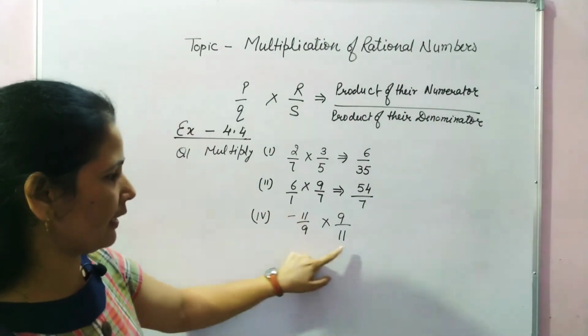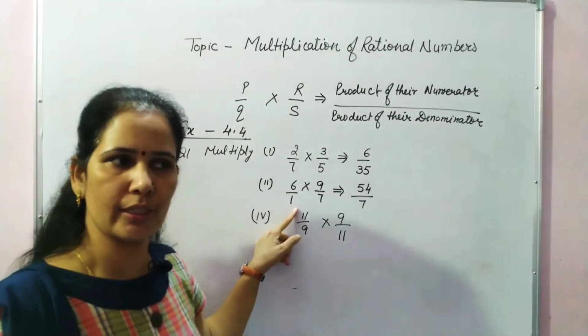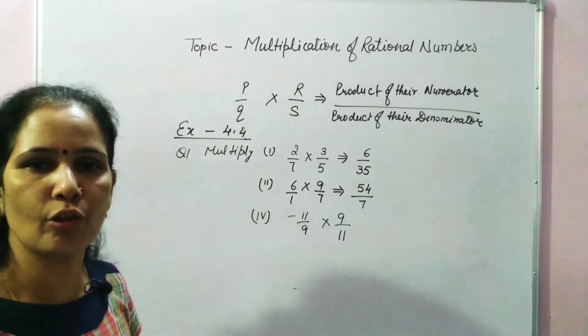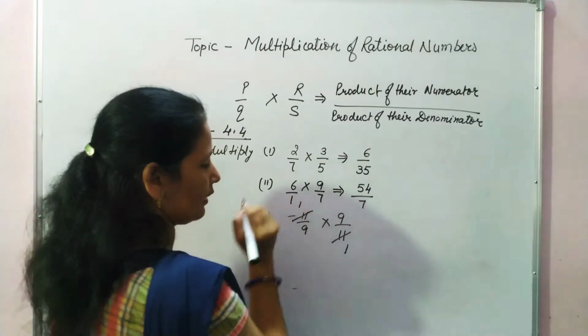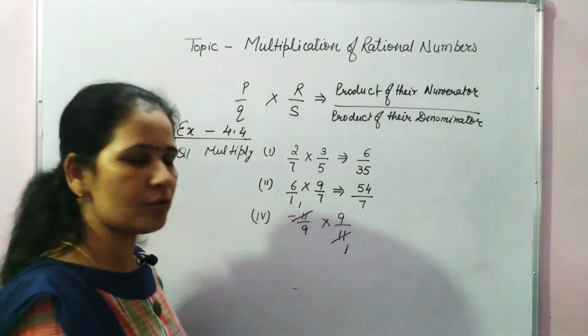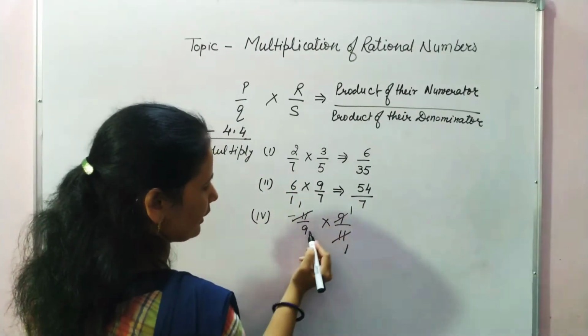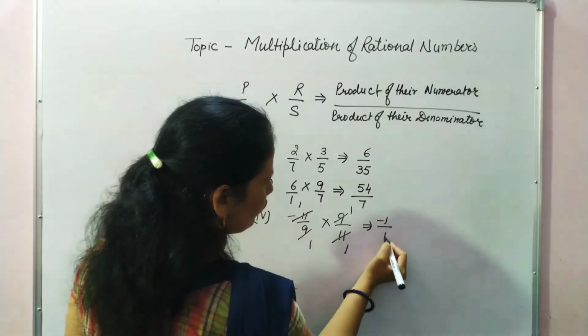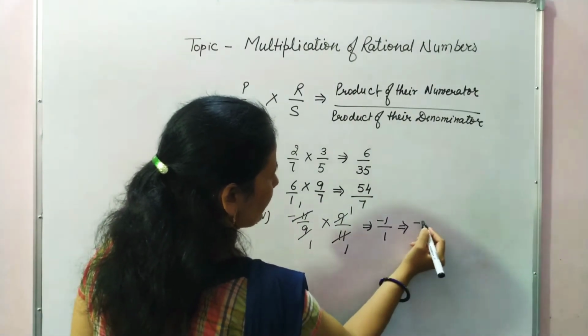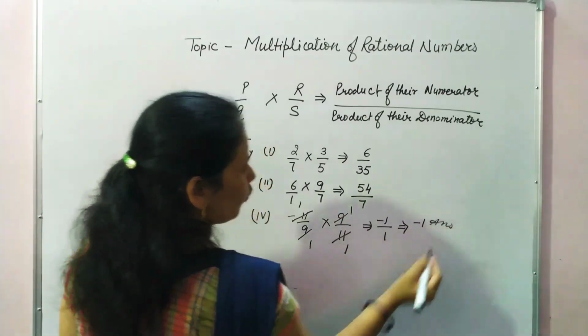Here 11 and 11, one time 11 is a numerator and one time 11 is a denominator, so we cancel it. Same in the case of 9. What answer do we get? Minus 1 upon 1, so directly we can write the answer minus 1.